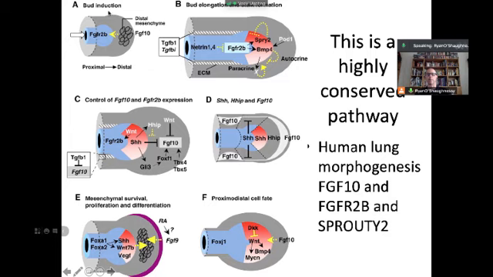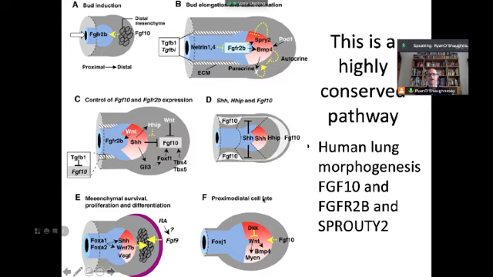So we have our bud induction, where we have the FGF from the distal mesenchyme activating the primordial bud in the same way that we get the initial sprouting from this reciprocal interaction in Drosophila. We get elongation, which requires this continued interaction of FGF and its receptor, as well as the expression of sprouty, which allows that splitting to occur.